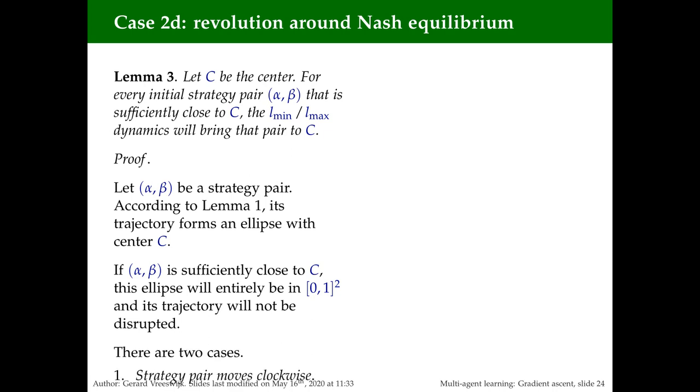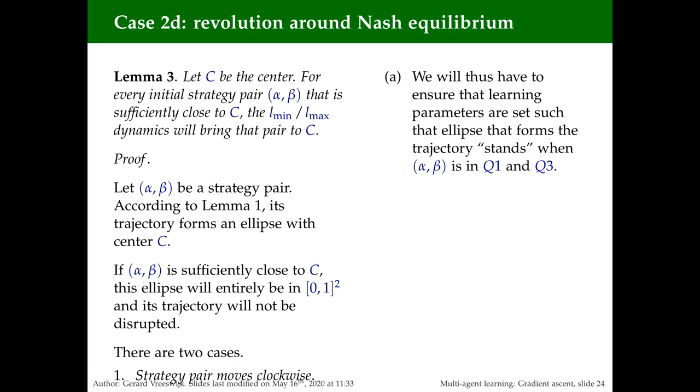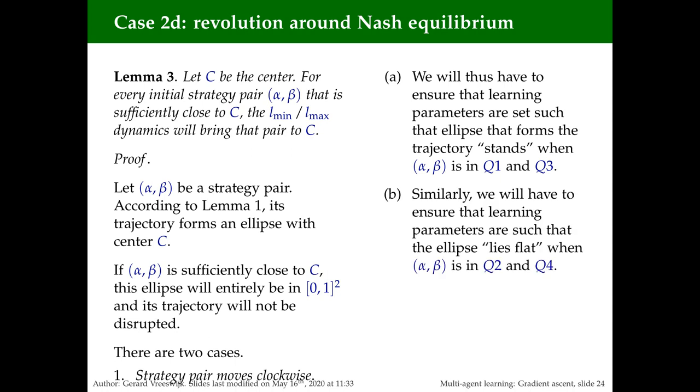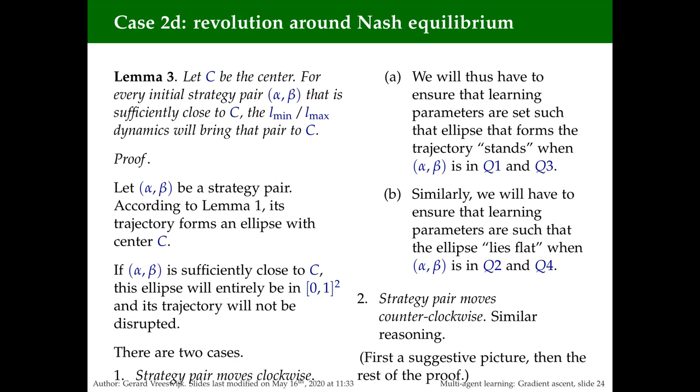Now there are two cases. The strategy pair moves clockwise, and we thus have to ensure that the parameters are set such that the ellipse that forms the trajectory stands when alpha beta is in the odd quadrants and lies flat when the strategy pair is in the even quadrants. And if the strategy pair moves counterclockwise, then we'll have to execute a similar reasoning. So let's just make a drawing.